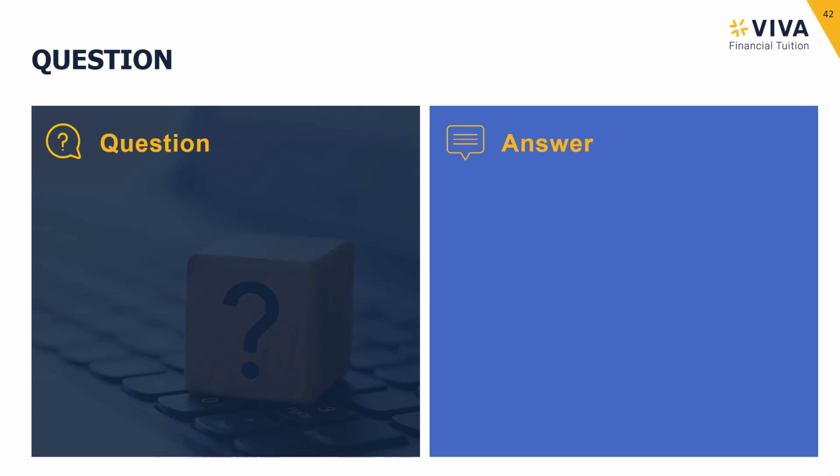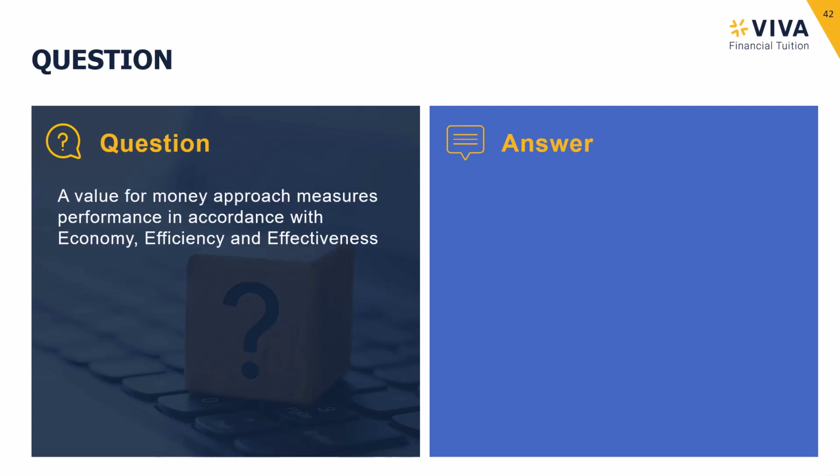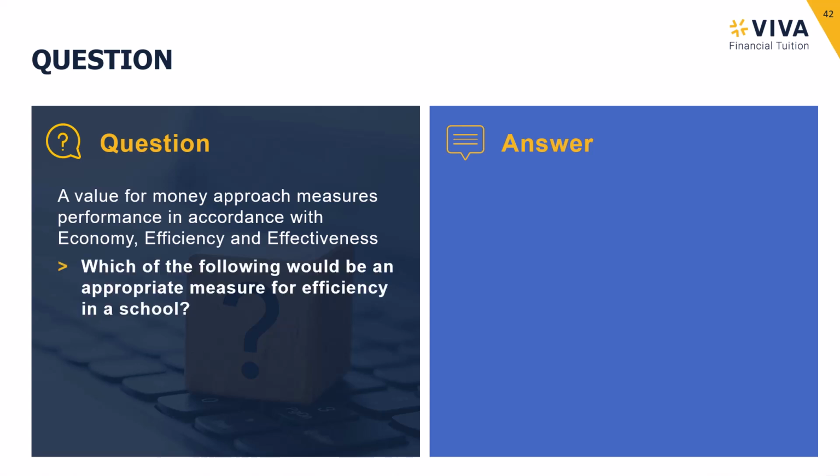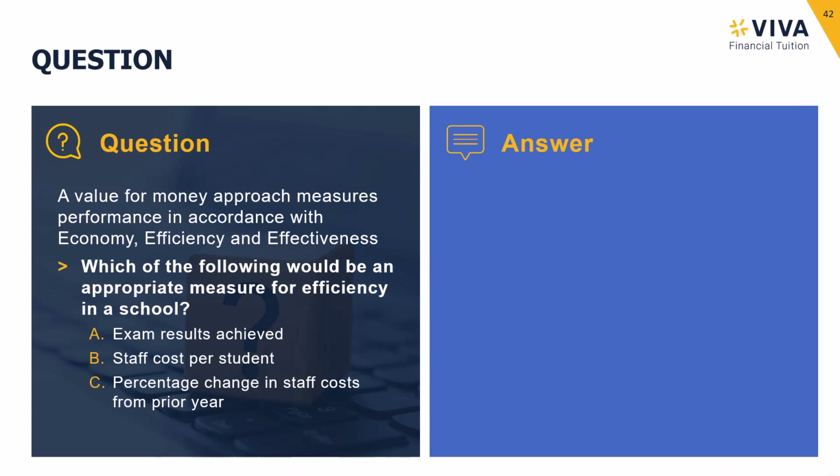So let's think about a question. A value for money approach measures performance in accordance with economy, efficiency and effectiveness. Which of the following would be an appropriate measure for efficiency in a school? Exam results achieved, staff costs per student, or percentage change in staff costs from the prior year.